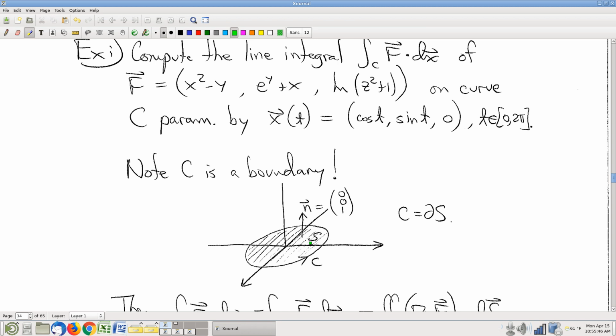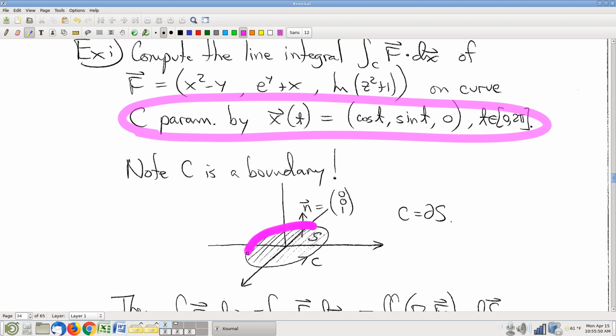Well, the question was, compute a line integral around this curve, right? And I am subsequently choosing on my own, with my own free will, to view this curve as being a boundary, and I can view it as being the boundary of anything for which it is actually a boundary.